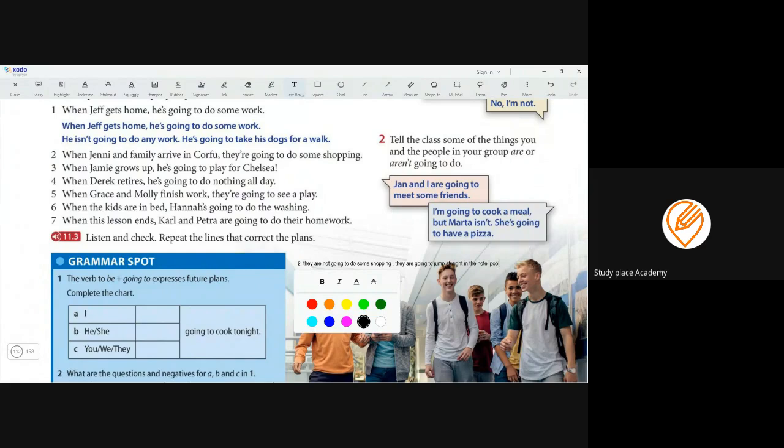Okay. This is number one and number two. And now number three. When Jane grows up, he's going to play for Chelsea. No, he's not going to play for Chelsea.